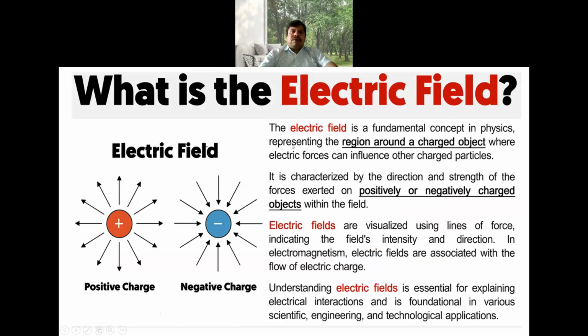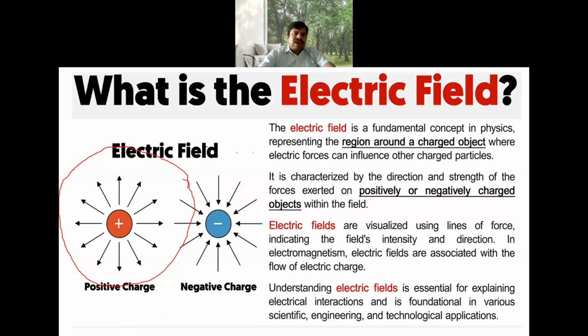The effect of these electric flux lines will be limited to a certain amount of region. For example, if this is a positive charge, up to a particular region only its effect will be there, like this. Beyond that, its influence will not be there.